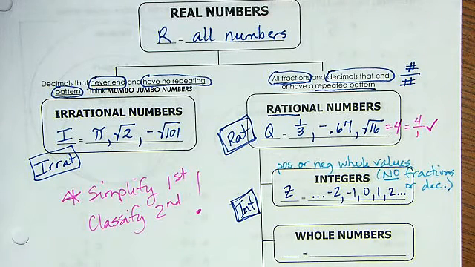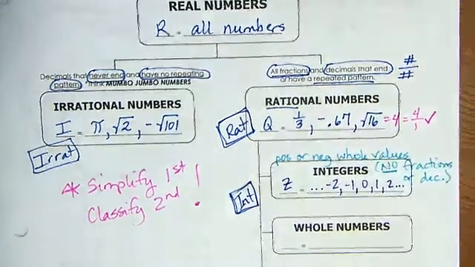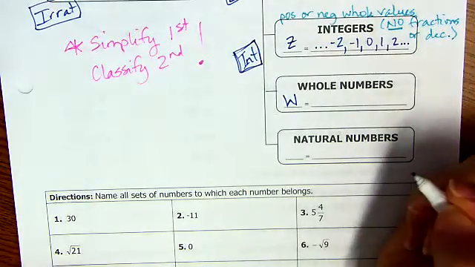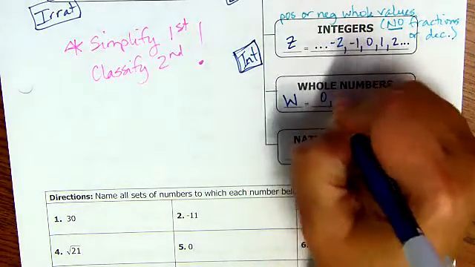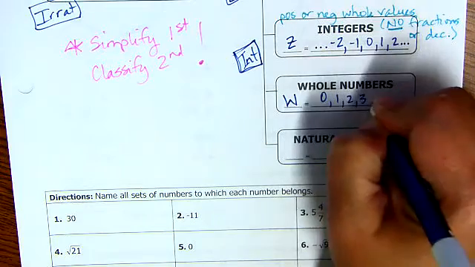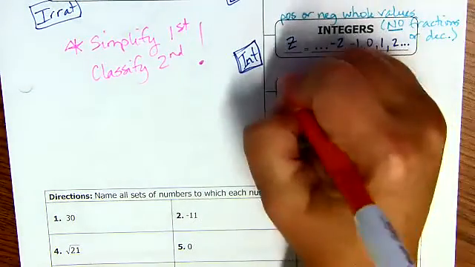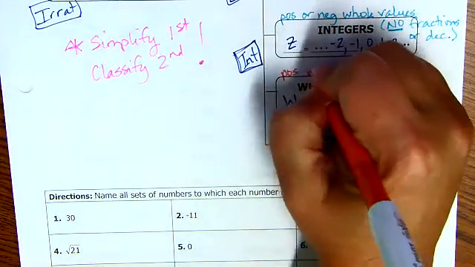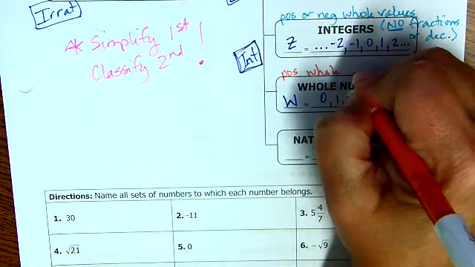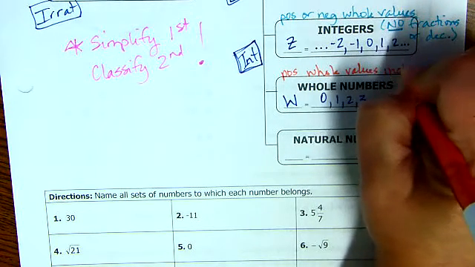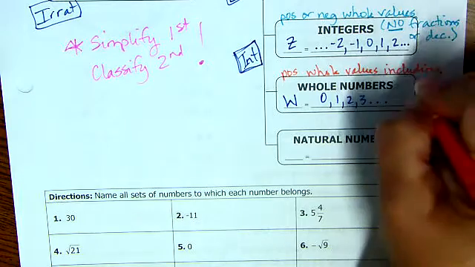Next one, whole numbers. Now we get back to making something seem kind of realistic here. We're going to use a W for whole numbers. And those are 0, 1, 2, 3, and so forth. So in words, that means it's positive whole values, including 0.